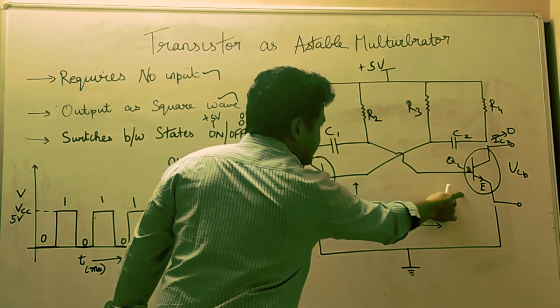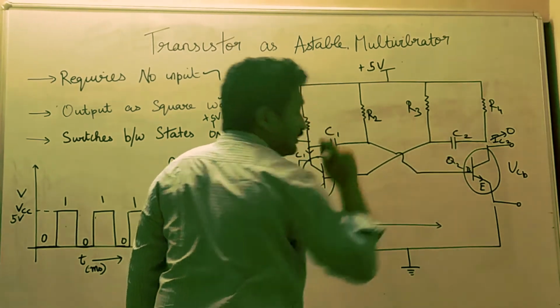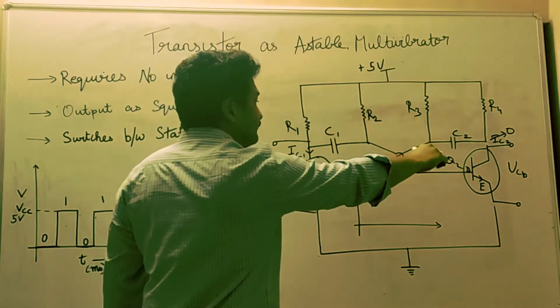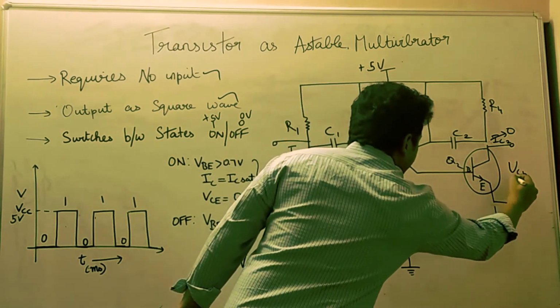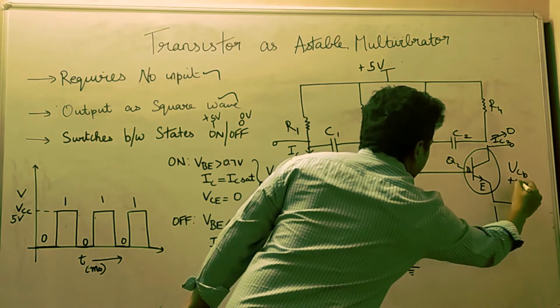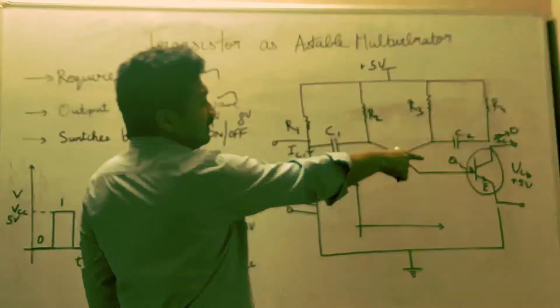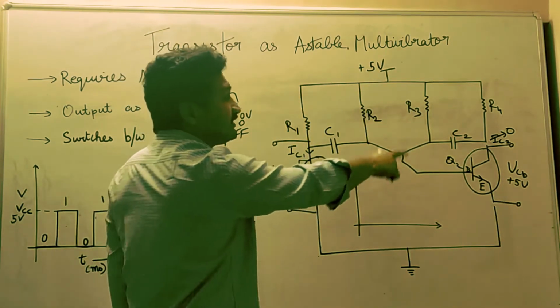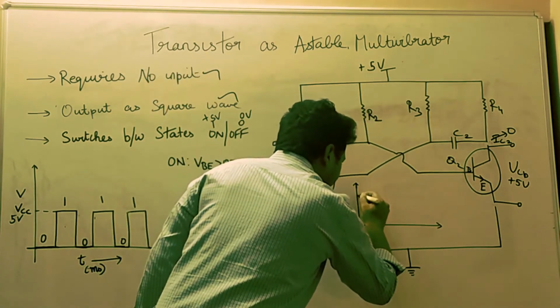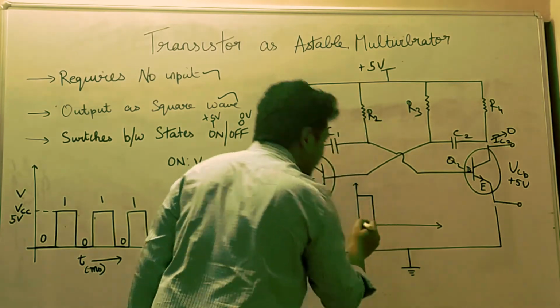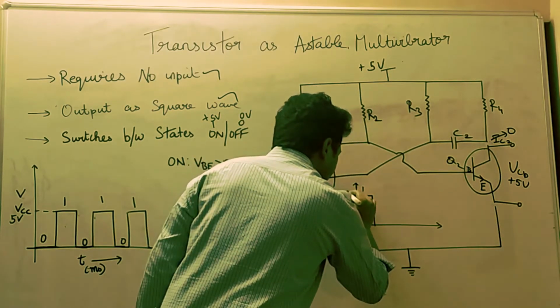If you measure the voltage across VCE, which is VCB, we get plus 5 volt. That is the point where we measure the output. It will be the one state. This is 1, plus 5 volt.